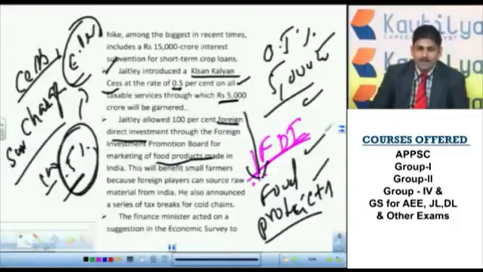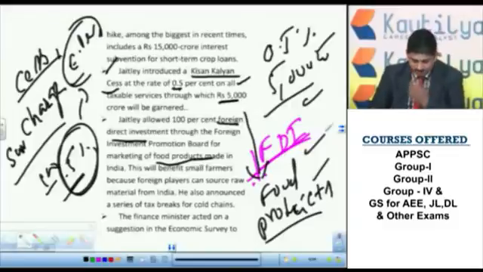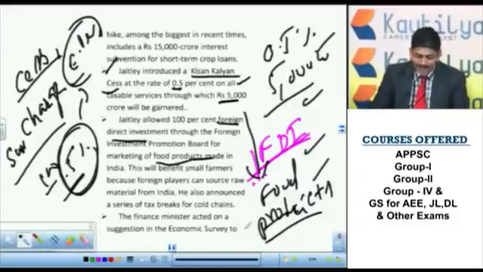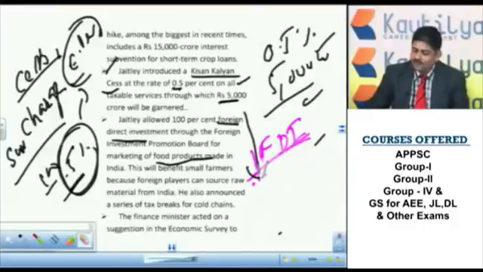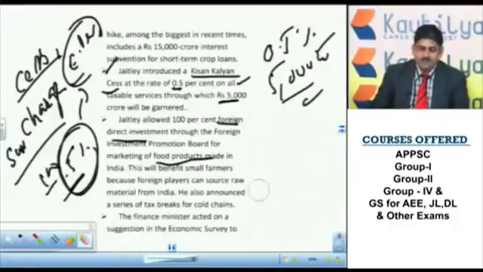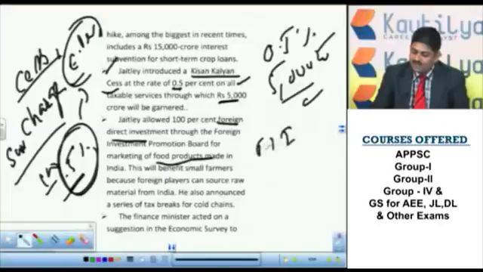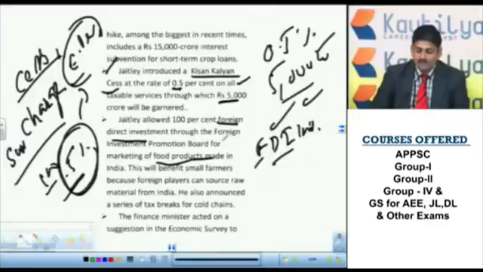That is the idea. So if they ask which of the following is a welfare activity for the farmers in the recent budget, out of 4 options you have to choose one option, that is 100% FDIs in the marketing of food products. If they want to make the question difficult, they may ask why 100% FDIs are allowed to market food products in the budget.